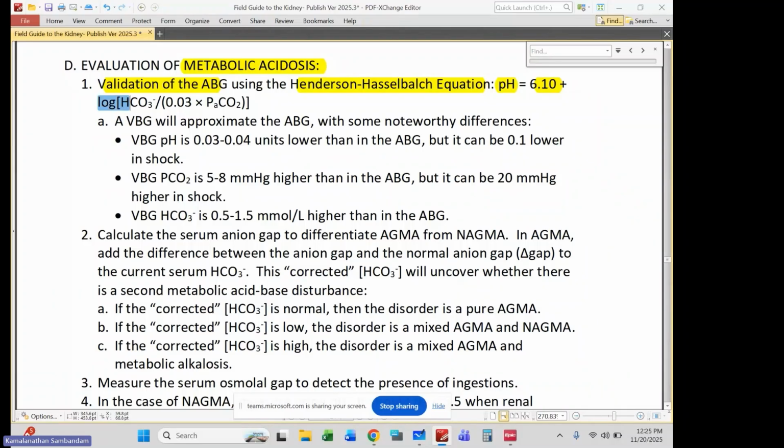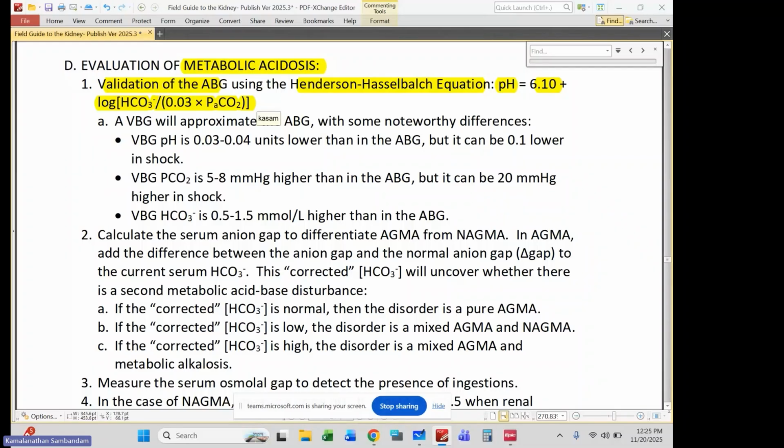Okay, plus the log of bicarbonate over the product of 0.03 and PCO2. 0.03 times PCO2 is essentially just using the solubility, converting a partial pressure of CO2 into an effective carbonic acid concentration.